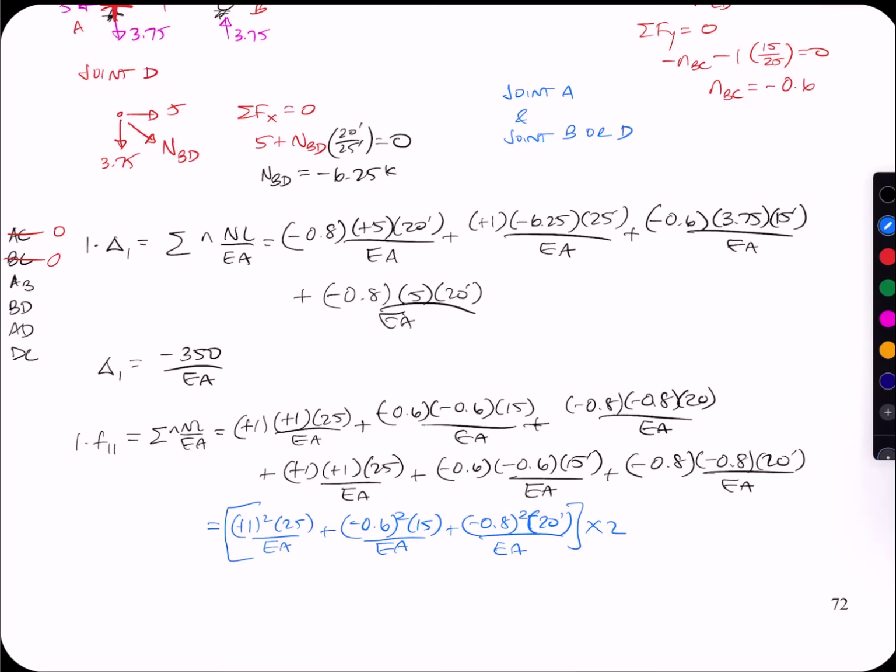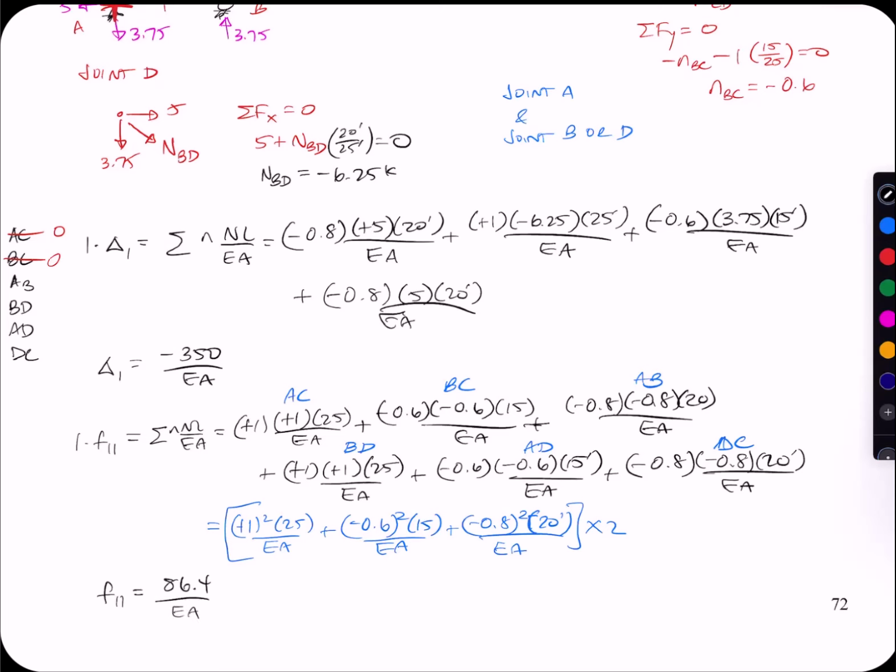So however you want to write it, if you want to write out exactly for each member, you can. If you want to take shortcuts, by all means. The algebra is going to be the same. Do whatever is going to make you feel confident in your answer, and we will get F11 is 86.4 over EA.